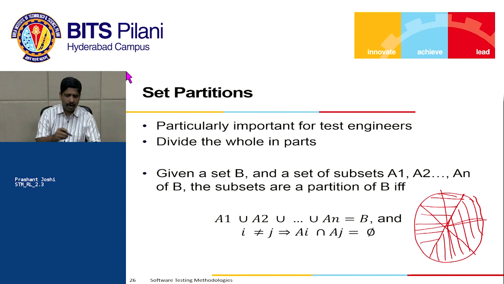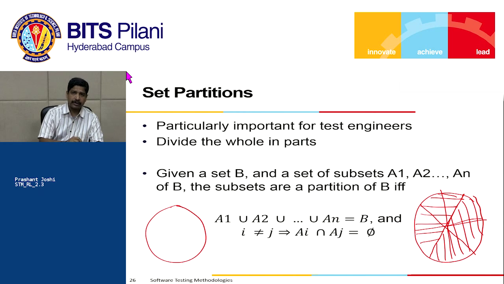One of the examples that I know of is that if this is the population, the first division could be gender-based, male and female. The next could be based on age. Further could be again based on age.